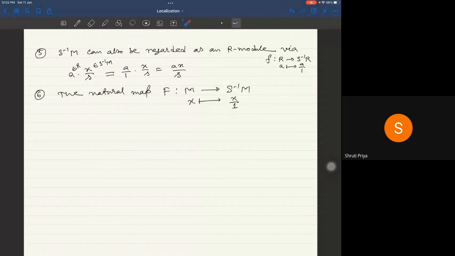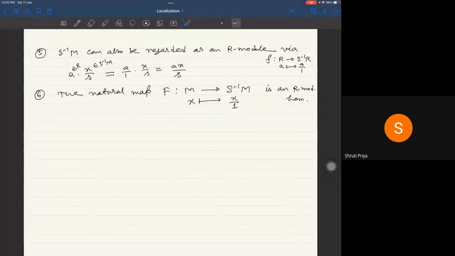Yes. So this is an R module homomorphism. One can verify that it preserves not only addition but also scalar multiplication, where scalars are coming from R.